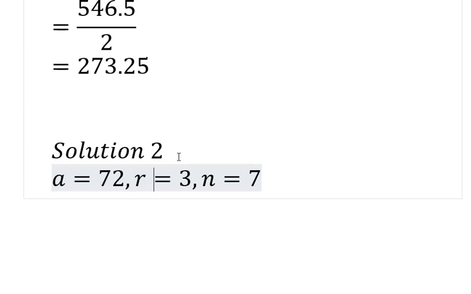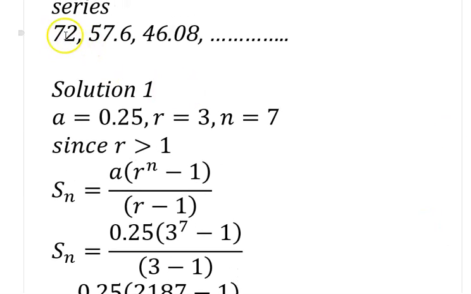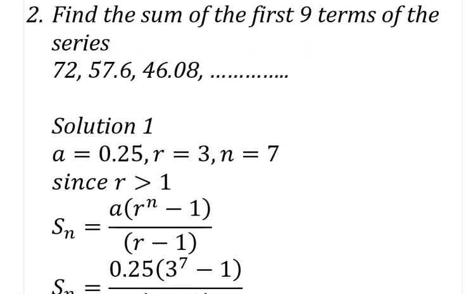We've established that our common ratio is 0.8. Then we have to look for the 9th term. Our first term here is 72, our common ratio is 0.8, and we have to look for the sum of the first 9 terms.